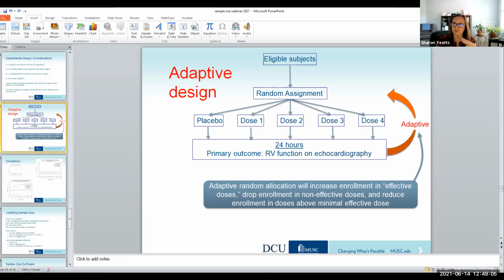And so after a brief burn-in period where subjects are equally randomized to the interventions, we would adaptively allocate patients to the interventions that look like they're doing the best. So it's effectively increasing enrollment in the good doses, decreasing enrollment in the doses that don't seem to be working, and hopefully avoiding too many enrollments in the doses that are too high, above where we would be afraid of safety concerns.